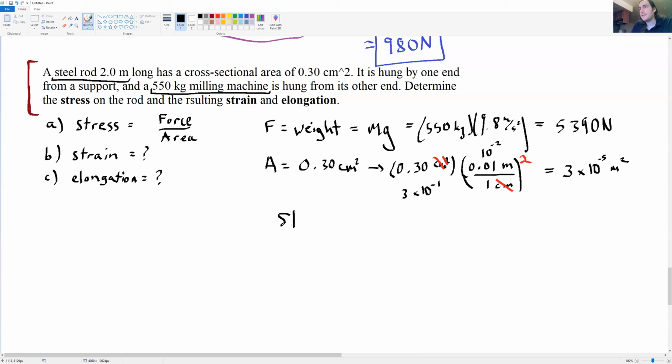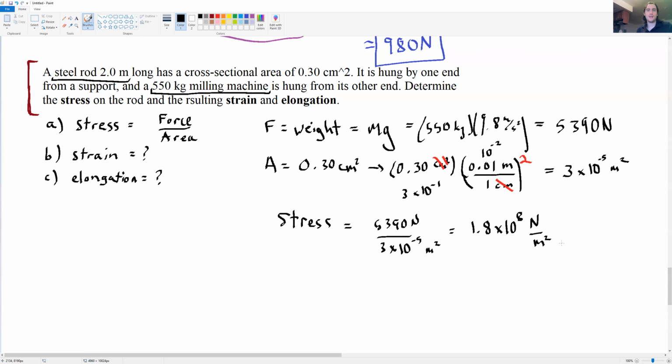So the stress then is equal to the 5,390 newtons divided by the 3 times 10 to the minus 5 meters squared. And what we get for this numerical value is 1.8 times 10 to the 8th Newton per meter squared.